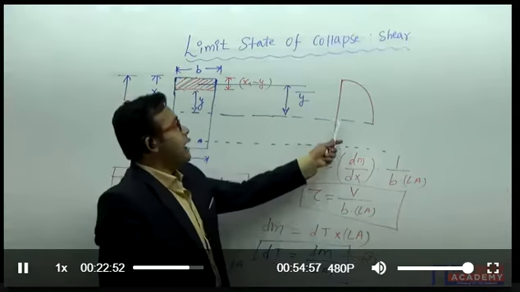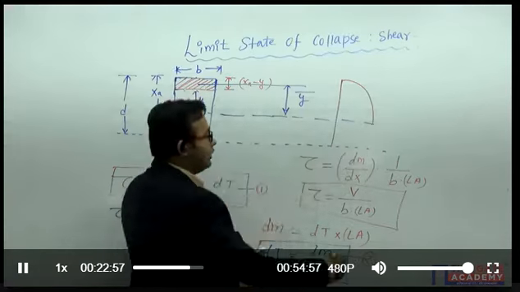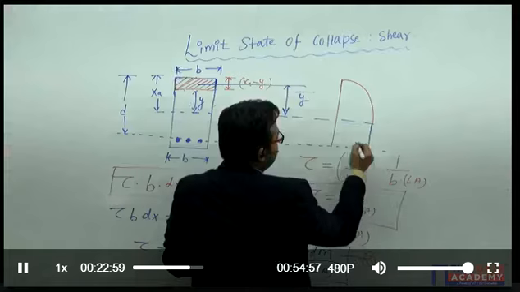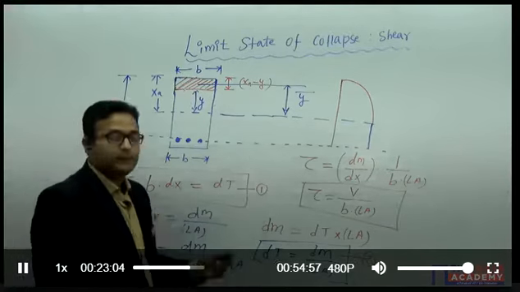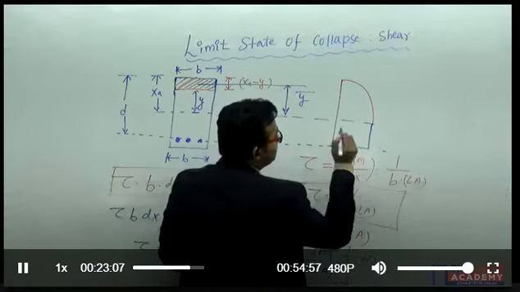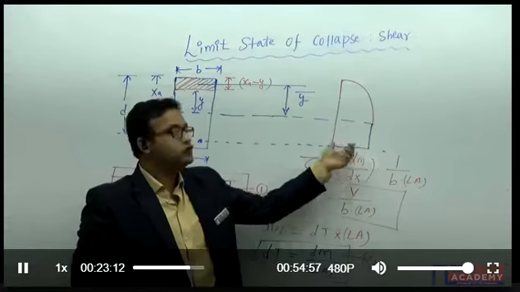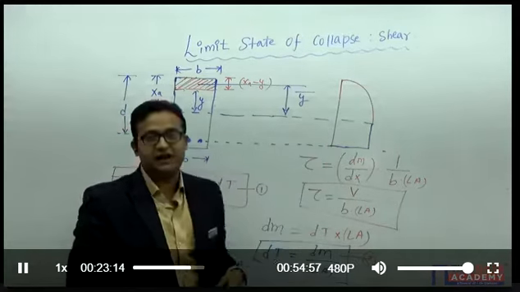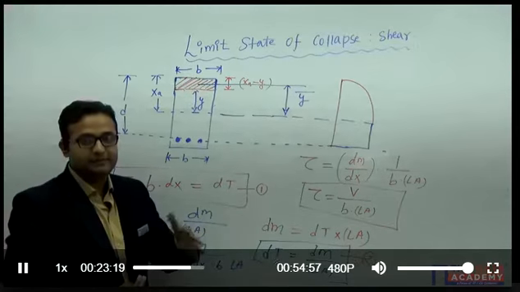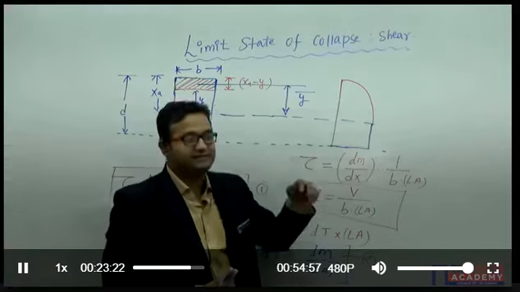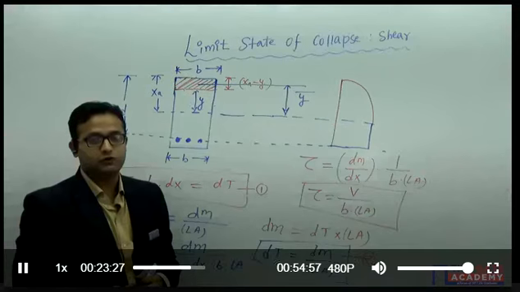I have seen above the neutral axis the shear stress distribution is parabolic, and below the neutral axis it is constant, and it is constant up to the tensile reinforcement. This is actually the shear stress variation, the distribution across the depth. The maximum shear stress I will be getting at the neutral axis, and it is constant up to the tensile reinforcement in the RCC beams.